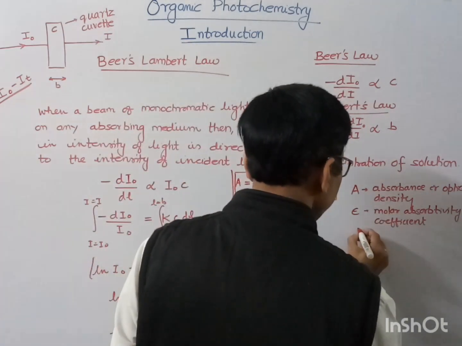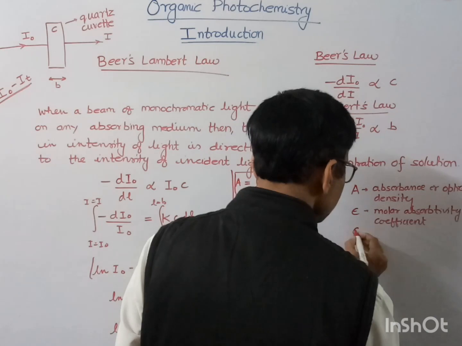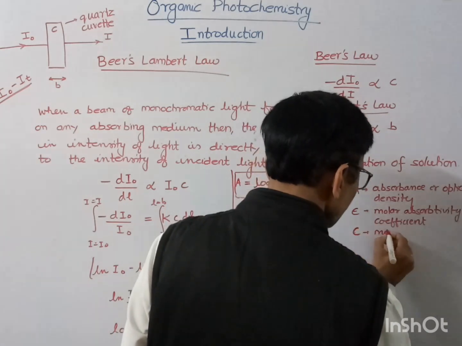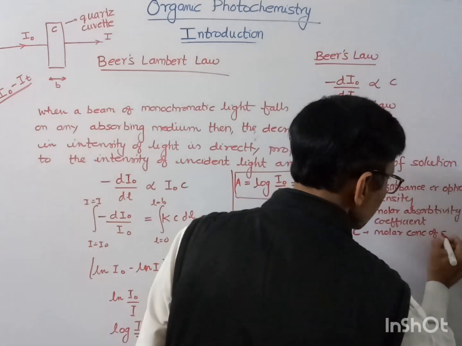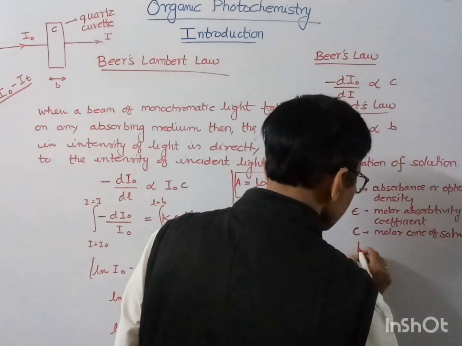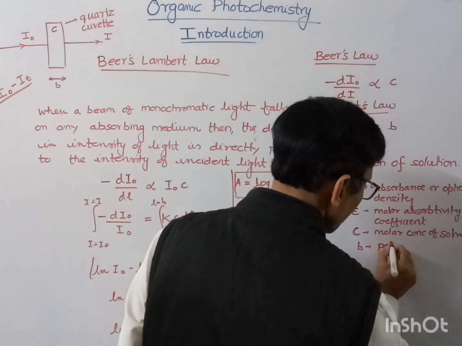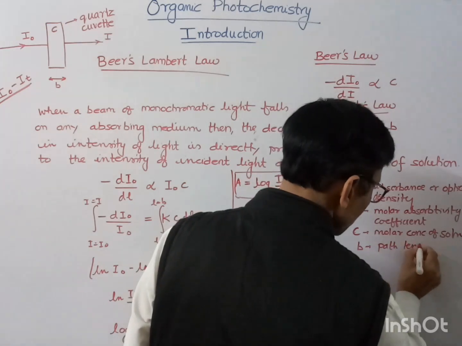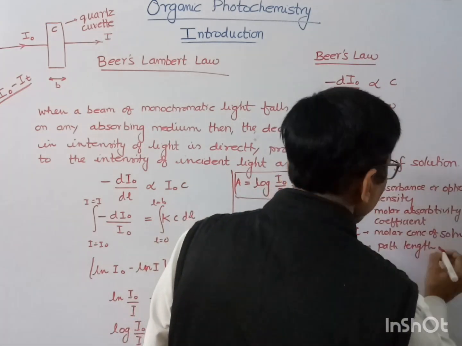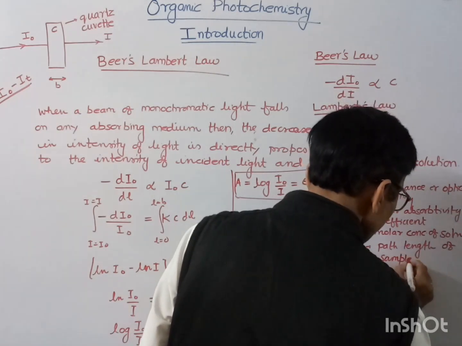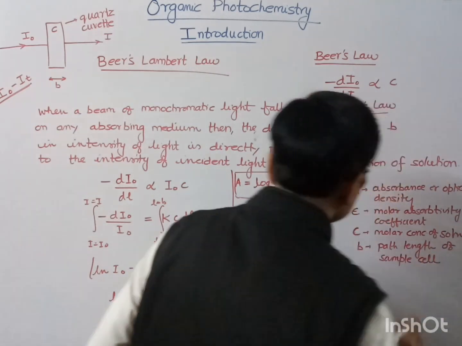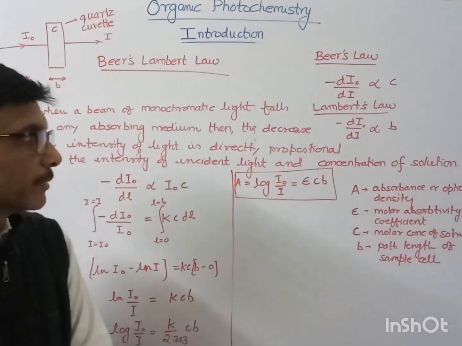C is the molar concentration of the solution, and B is the path length of the sample cell. So this is the mathematical relation.